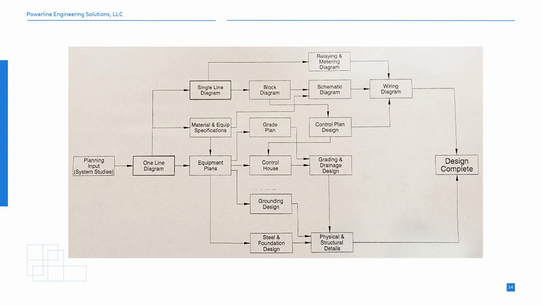Next, to achieve a 90 to 100% milestone design completion, the deliverables are typically detailed relaying and metering diagrams, AC and DC schematics, including control logic, SCADA architecture, grading and drainage designs, as well as physical and structural connections and details. In some cases, wiring diagrams are required to be created for the fabrication of the protection and control racks.